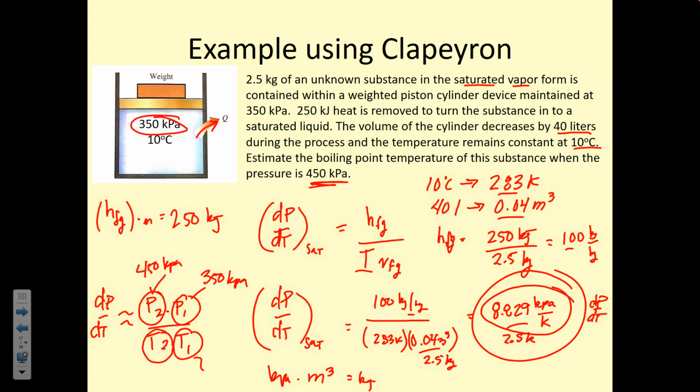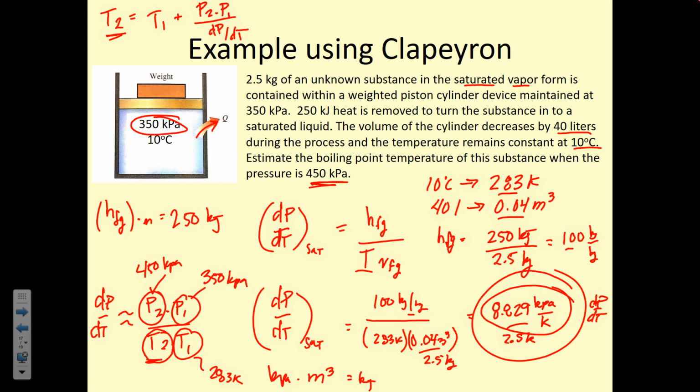And this is going to be equal to that 283 Kelvin that we had from before. So we can find T2 is equal to T1 plus P2 minus P1 over dP dt. So this is the way that we could find what the saturation temperature would be at a different pressure if we wanted to know what that value was.